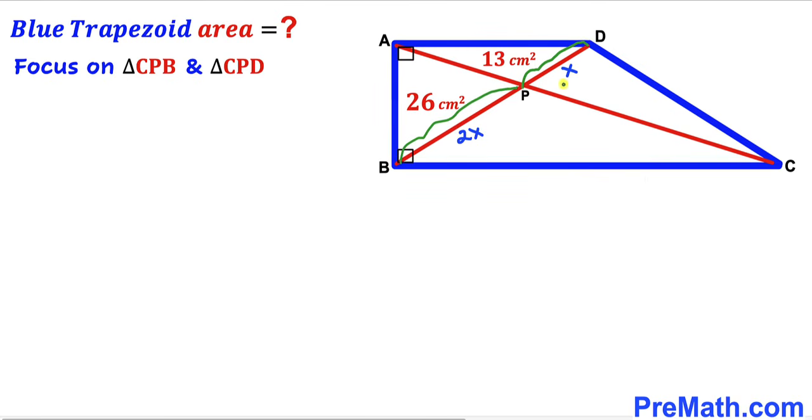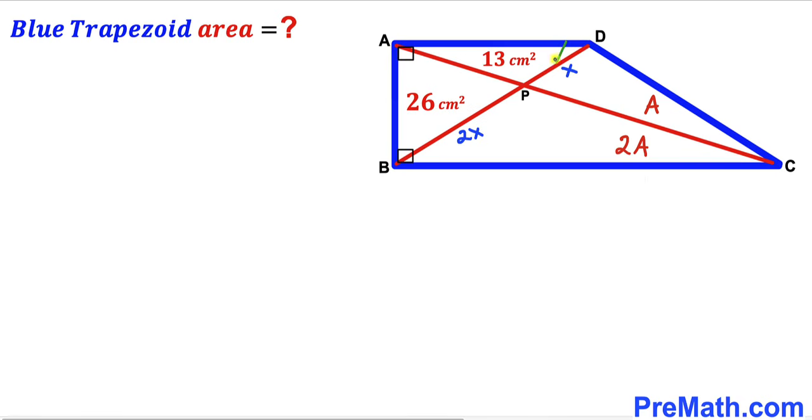The ratio is 1 to 2. So their area ratio is going to be 1 to 2 as well. If I label the area of this triangle CPD as A, then the area of this other triangle CPB is going to be 2 times A. In other words, the area of this triangle is twice as much as this triangle.